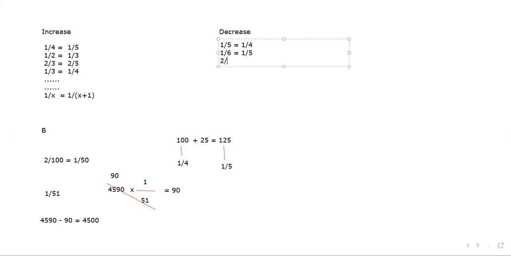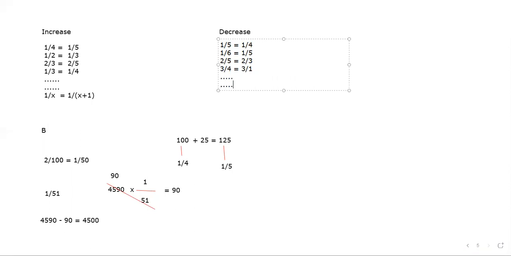A 2/5 decrease would be equal to 2 upon 3 of the new figure. And similarly, a 3/4 decrease will be equal to 3 upon 1 of the new figure. And similarly we will keep going further.